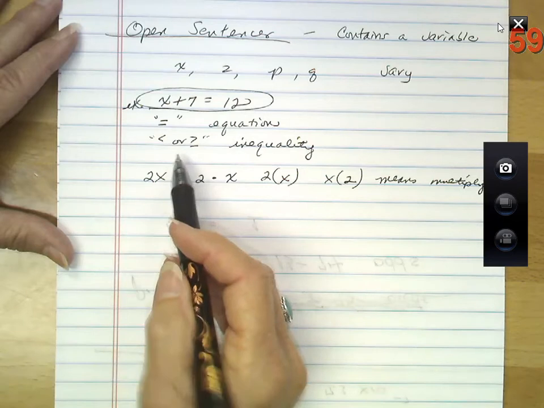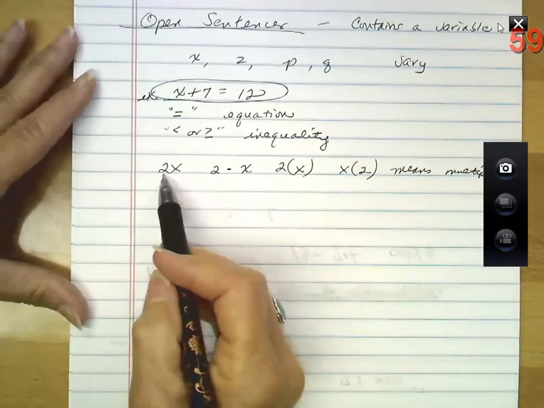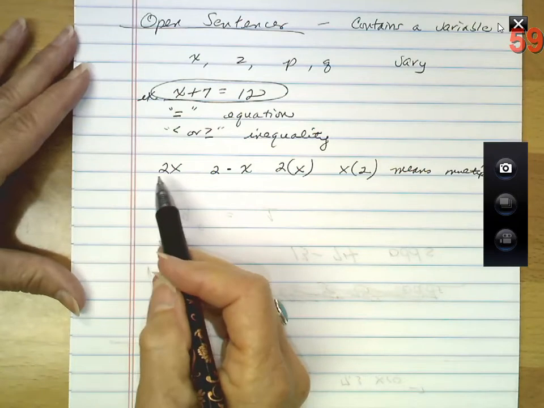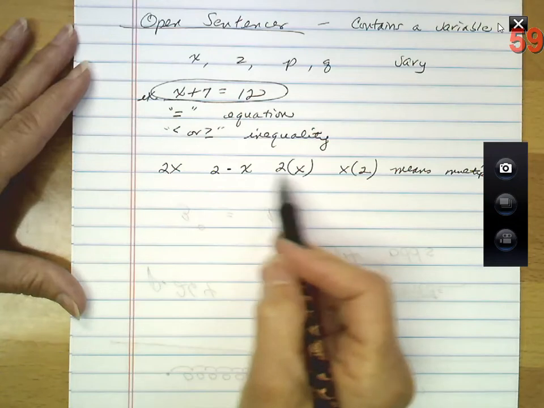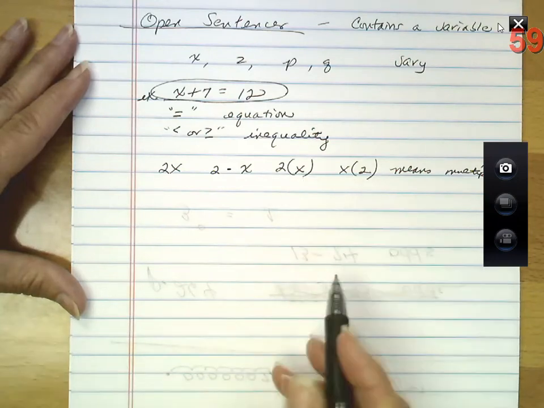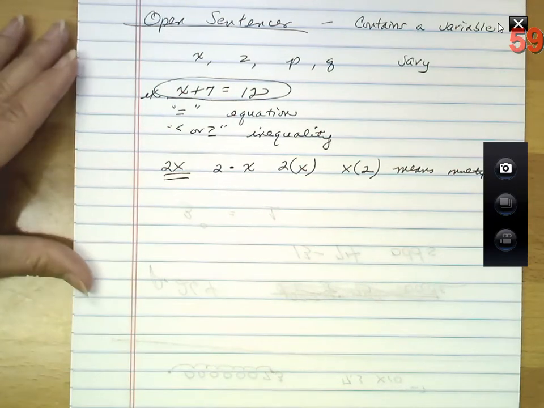If it has a greater than or less than, one side's bigger than the other. If you have a 2 right next to an X, that means multiply 2 times whatever X is. It can also be written like this, turned around, or like that. This is the most common way that 2x is written, usually your number first and then your variable.